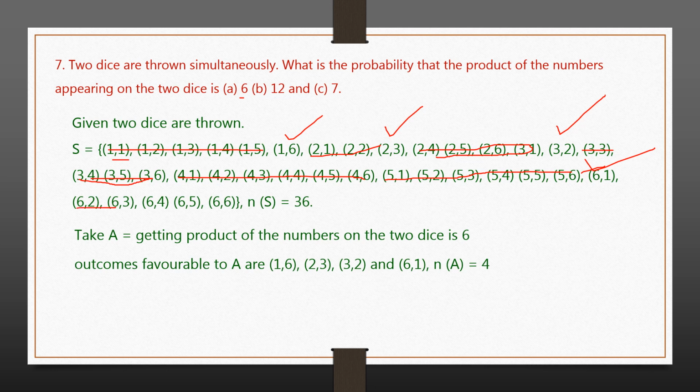The remaining outcomes are not favorable to A because the product of the numbers on the 2 dice is not equal to 6.